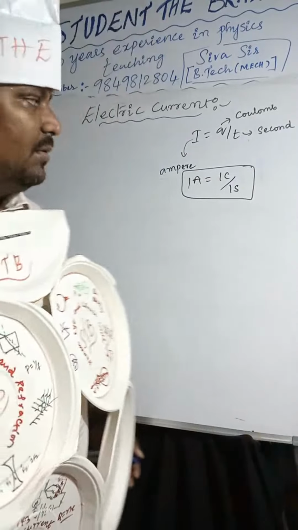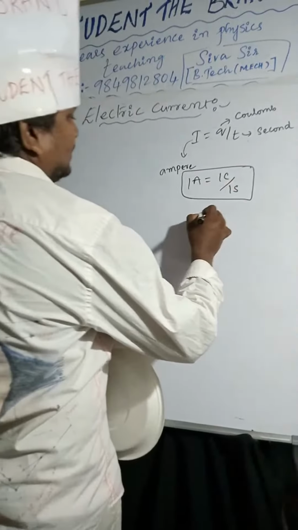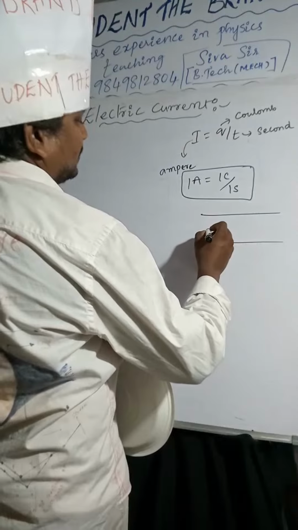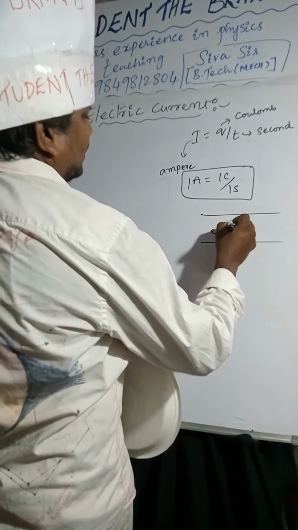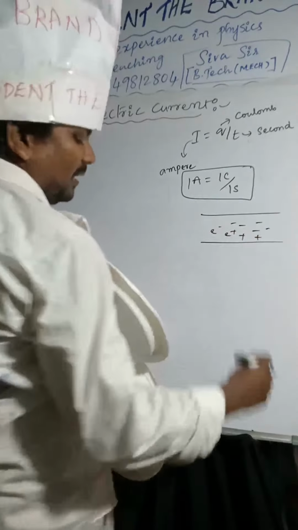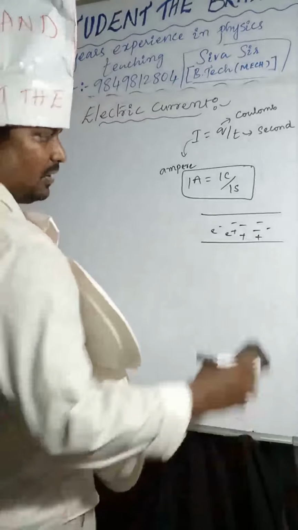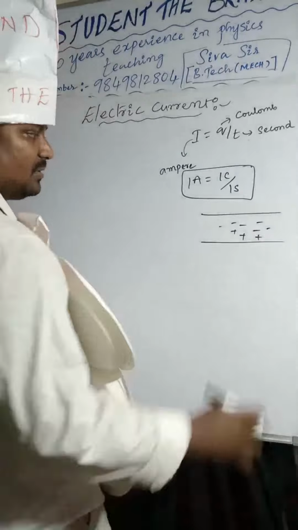Now, inside a conductor, electrons, that is charges, are flowing. Charges will not flow singly; a bunch will flow, a number of electrons.